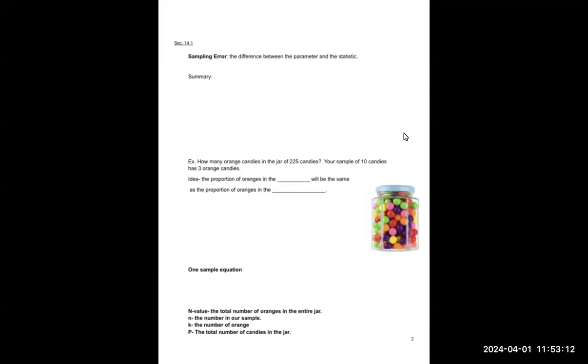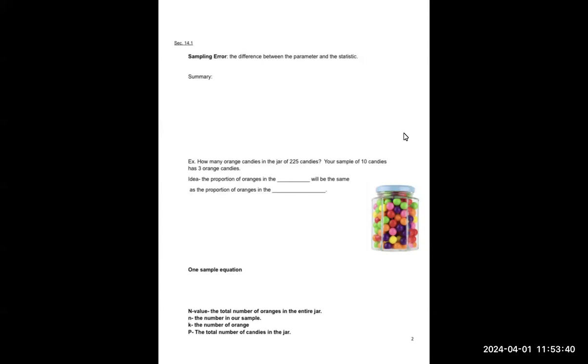Maybe we're interested, like I mentioned before, in the number of divorced people in the United States, the number of people with a particular characteristic of interest. So in this problem, we're not interested in all the candies as we were with all the quarters in the previous problem. We're interested in the orange candies. We want to estimate how many orange candies there are.